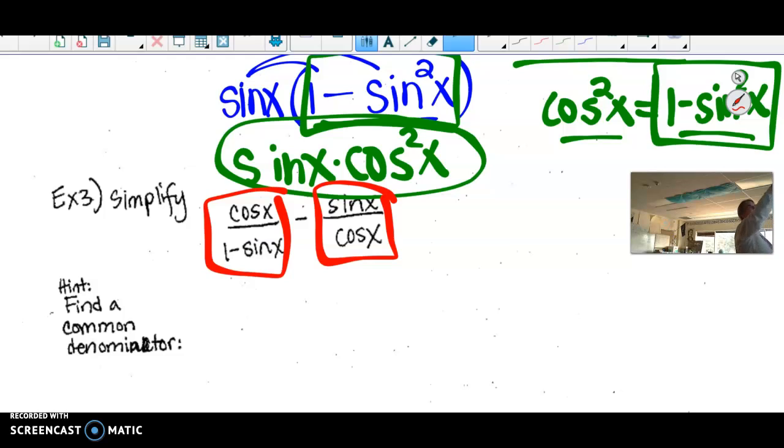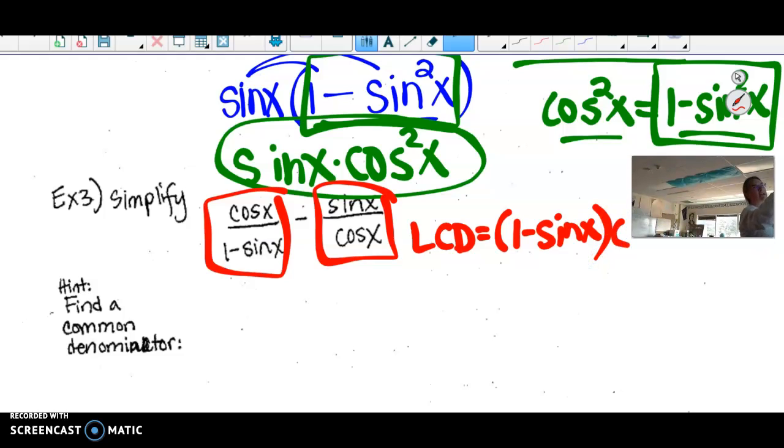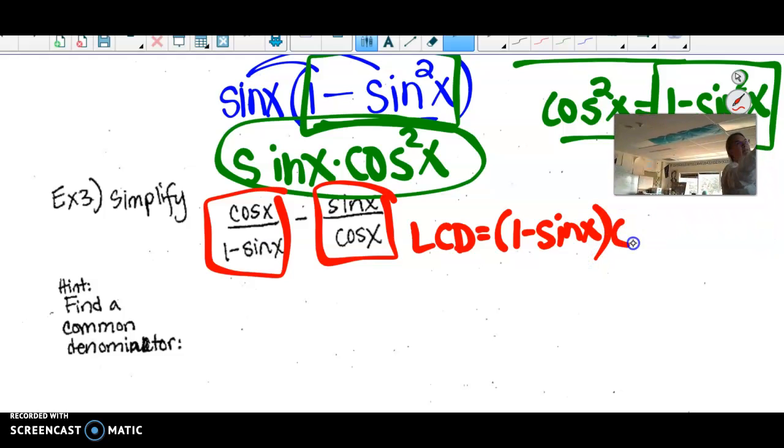So what you want to do in this case, instead of factoring out common terms, when you see a denominator, another method that you're going to be looking to use is finding a common denominator and combining these terms into one. So my least common denominator would be this 1 minus sine of x times, the other side has cosine of x. So this would be my least common denominator right here.